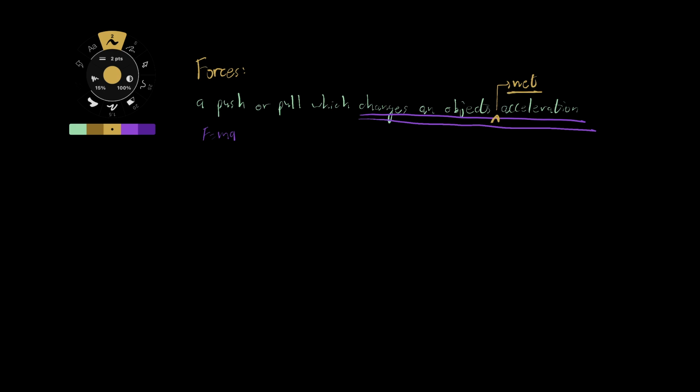So let's say we have an object over here, and it has a force going downward, F1, a force going here, F2, and a force going here, F3. Now, its acceleration would be direction dependent, and we would be able to figure out the net acceleration if we knew the mass.